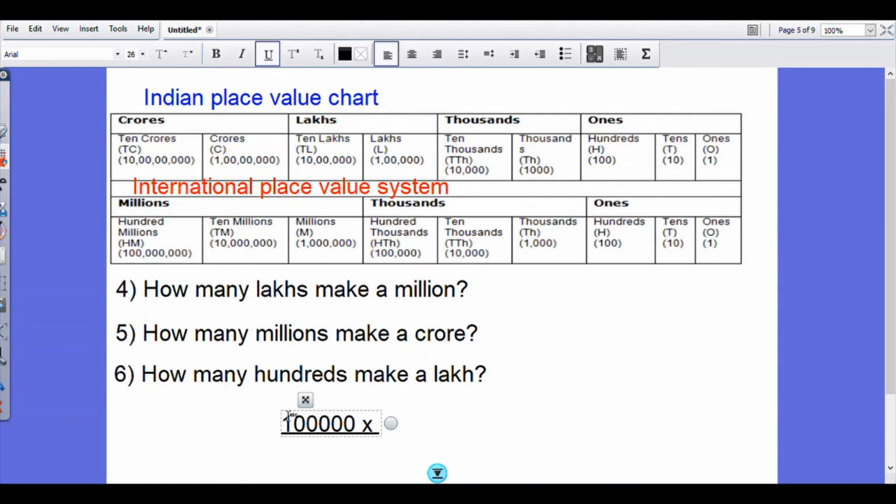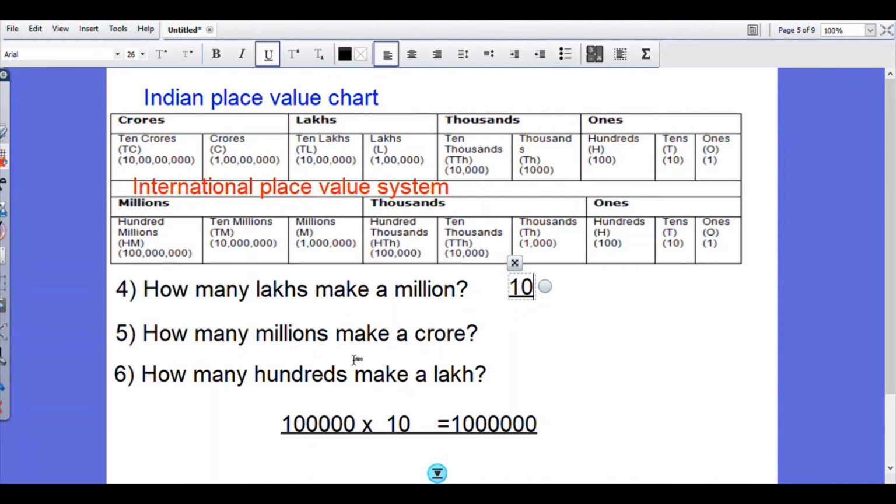How many lakh make a million? You know, in million, 6 zeros are there: 1, 2, 3, 4, 5, 6. And in lakh, 5 zeros. So which number do we multiply lakh by to get million? That means 10. So our answer is 10. So 10 lakh make a million.